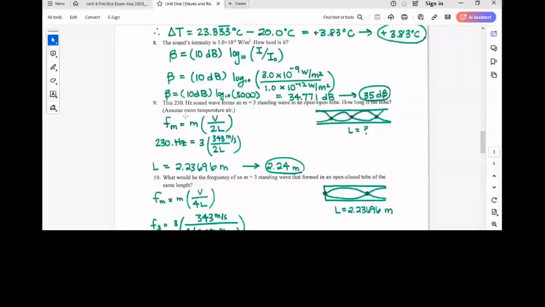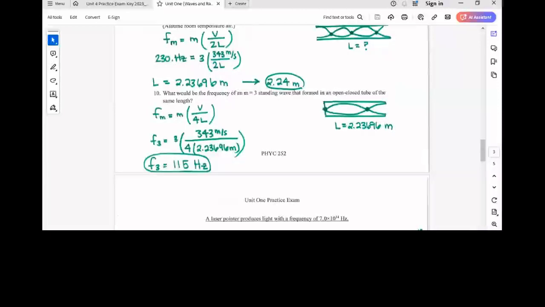I can plug in the frequency we were given, the wave speed, and then the mode, or m, that is 3. And the tube length would have to be 2.24 meters in order for this 230 hertz sound wave to produce an m equals 3 standing wave.